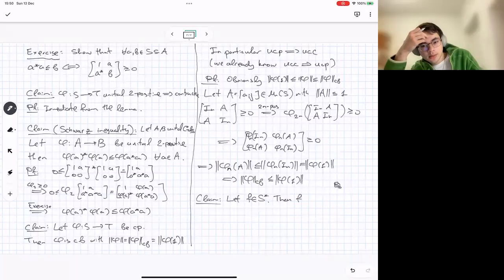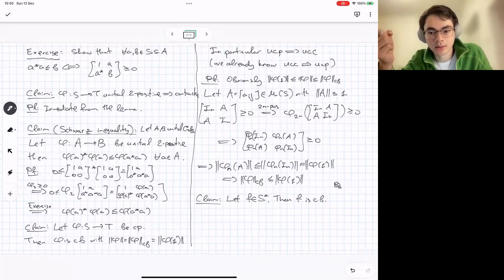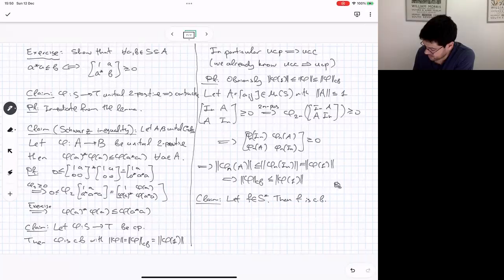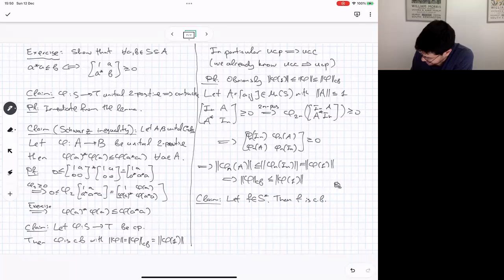Just to make sure, you are missing stars on the lower left A's, or is it intentional? No, I was wrong. Of course, I need stars. So a star here, and a star here. And that's it, I think. Thank you.